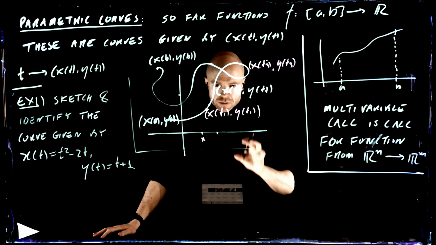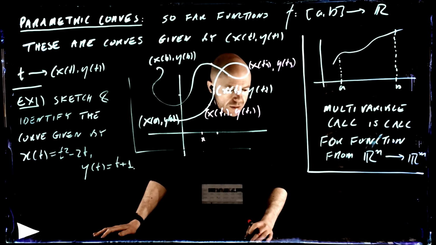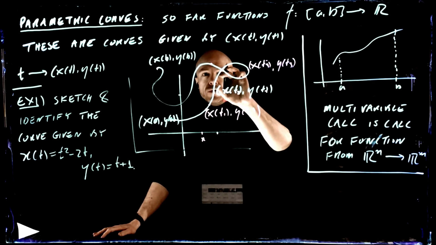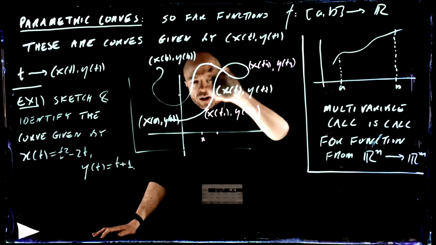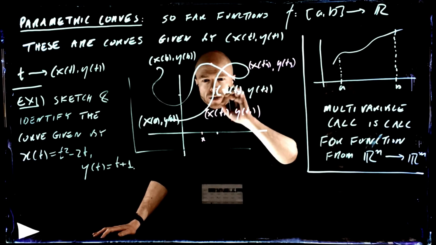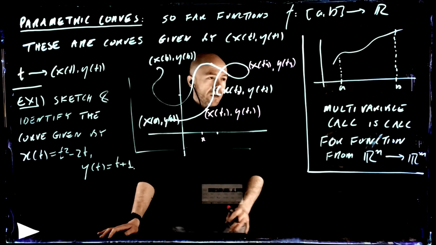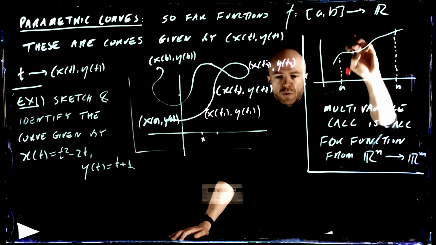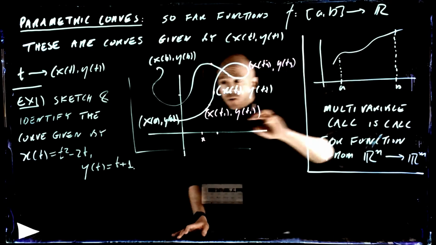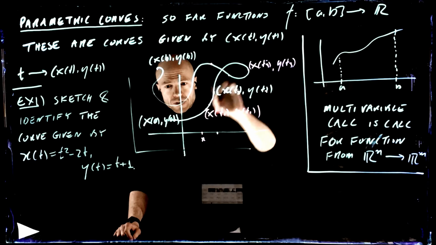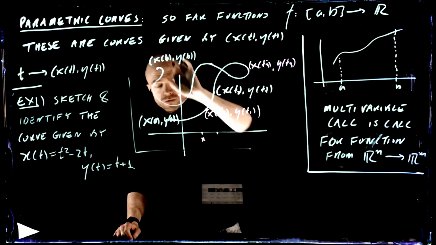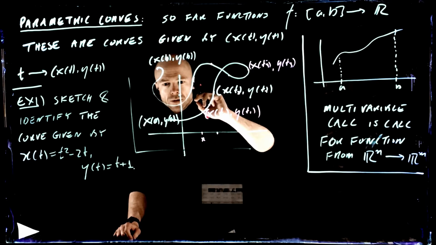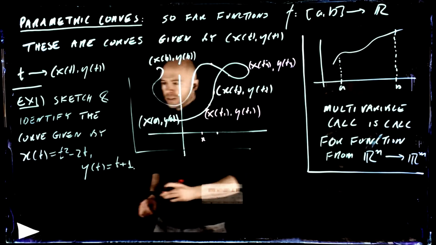So don't make the identification of the set of points I'm drawing here with the parametrization, in the sense that there's a one-to-one correspondence. That's not the case. When we do functions from R to R, that is true. Once we draw this graph, there's one function that produces it. Once I draw a curve, there are multiple different parameterized curves that will give this set of points. We'll see that coming in a second.